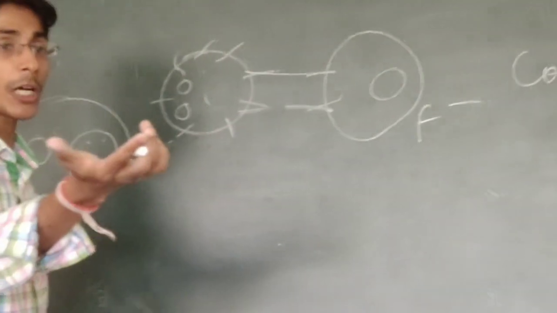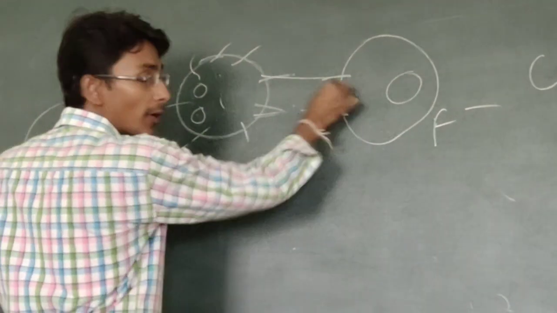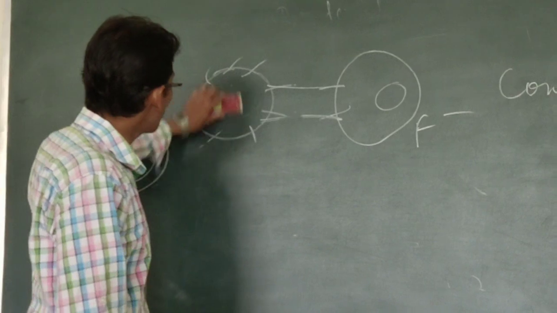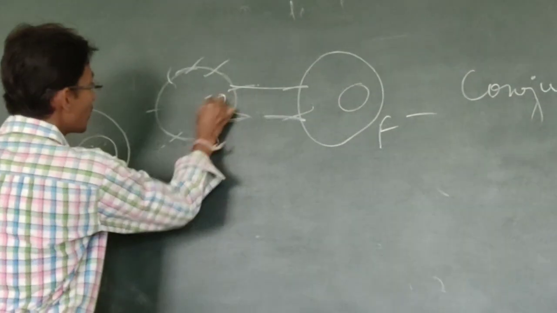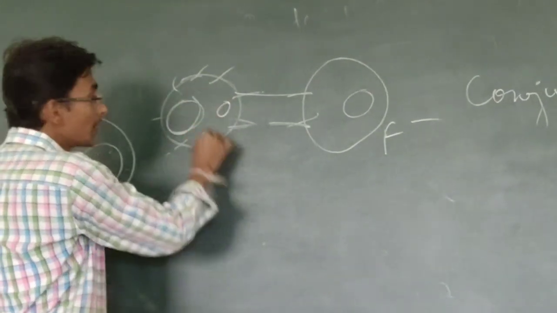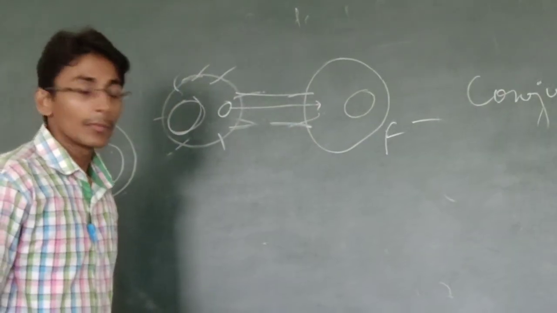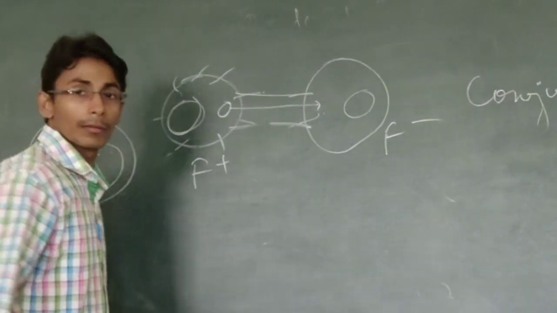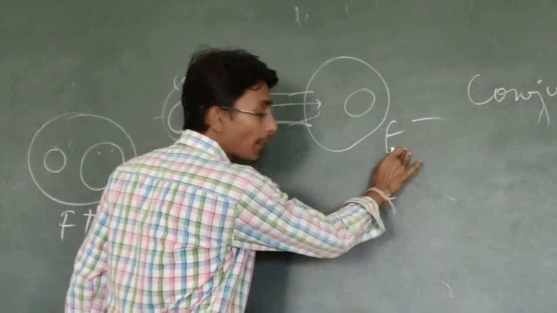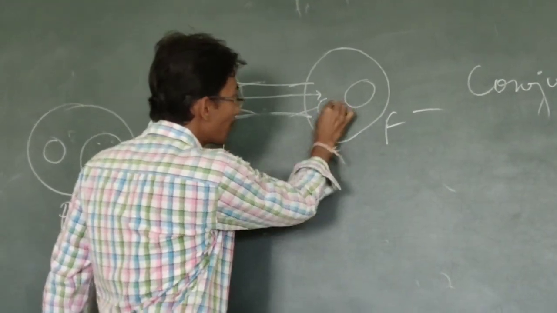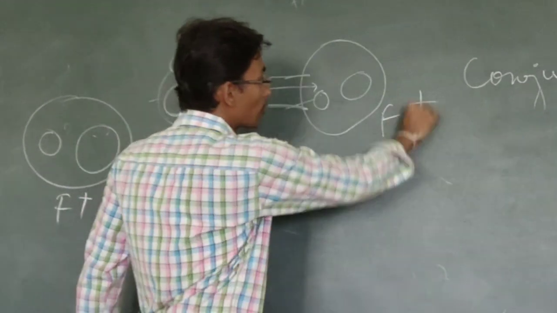The genome will not be transferred; only the plasmid will be transferred. If there is a plasmid along with the bacterial genome, only the plasmid is transferred into the recipient cell. The recipient was F minus before that, and after getting the plasmid it will convert to F plus.